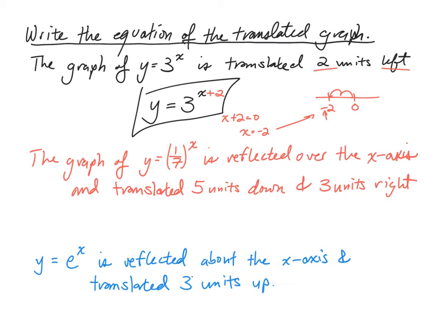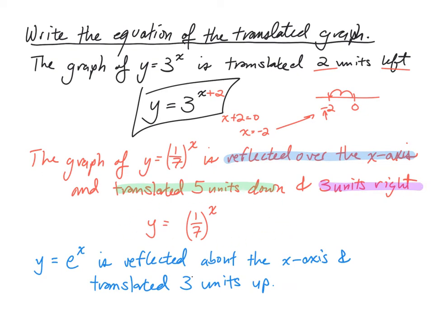If you just write down the parent function, I don't think any teacher or professor will give you points for that, but that is like most of the answer right there. The only thing we have to figure out then is how to put reflected over the x-axis, translated 5 units down, and 3 units right, and add those things into this equation.